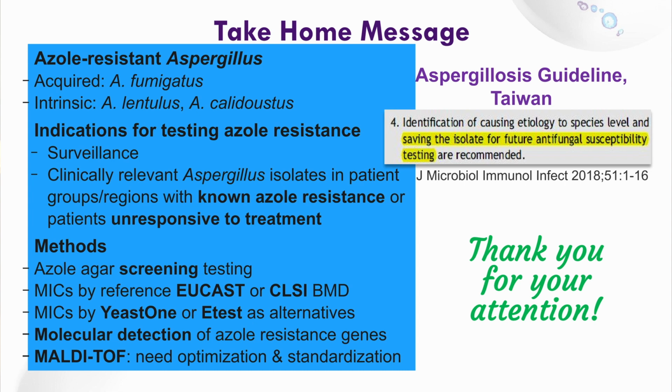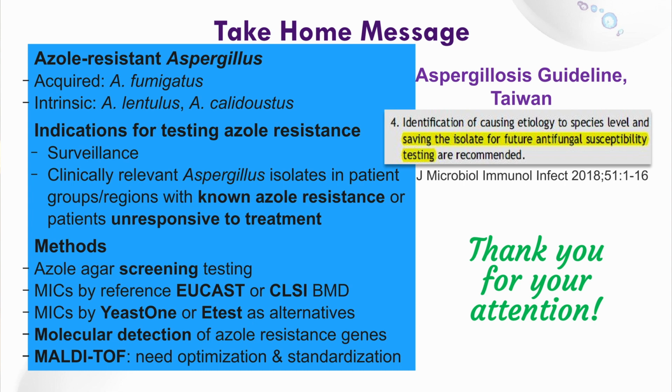Okay, the final slide for today. The important Aspergillus species to be mentioned include A. fumigatus with acquired resistance, and Aspergillus lentulus and calidoustus with intrinsic resistance. Indications for testing azole resistance include epidemiology surveillance, and isolates recovered from a patient group or region with known azole resistance, or from patients not responding to treatment.